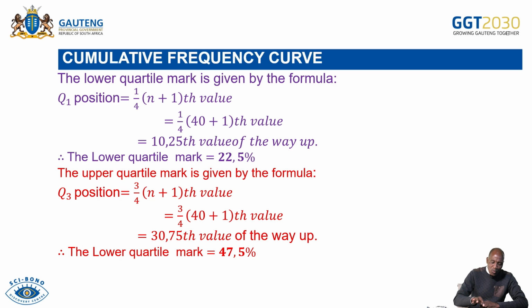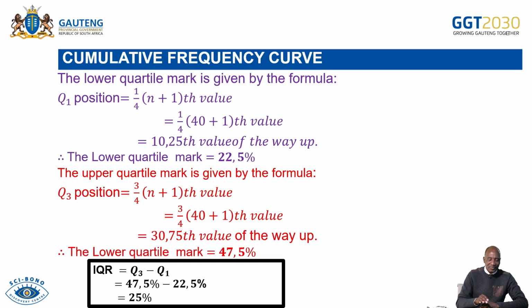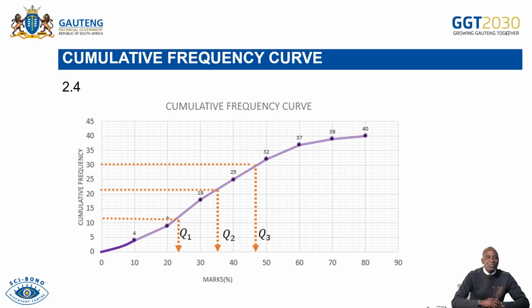If you go to your graph now and locate those positions, these are the positions that we are talking about. Our first position for Q1 was 10.25. So you locate your 10.25 here, then you move across until you touch the graph, you move down and read the answer.